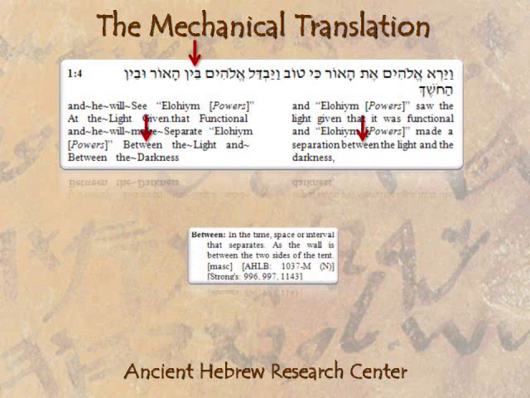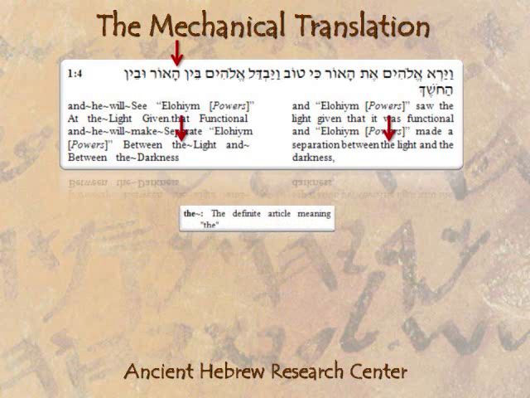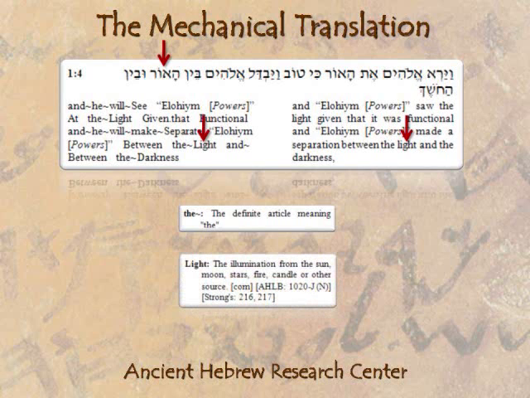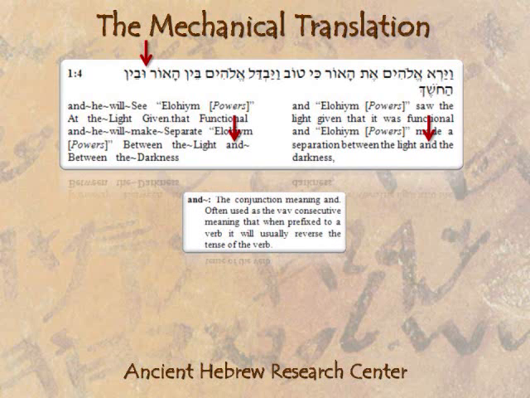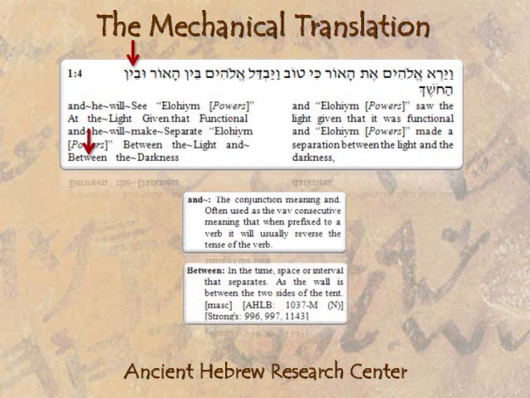This is the Hebrew word bain, which means between. And then again we have ha, meaning the, or, meaning light. The prefix u, which is the same as va, meaning and, again the word bain, meaning between.